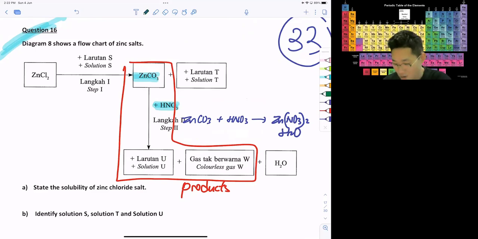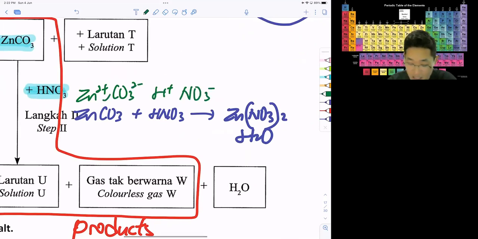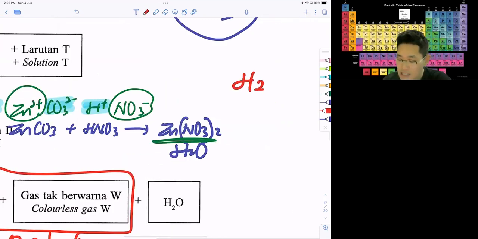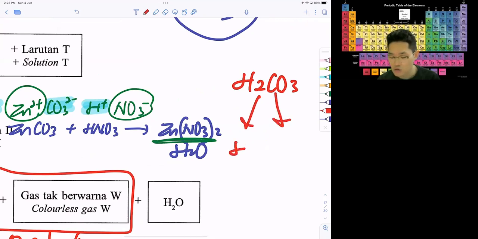Okay, Noah, see, every time when we are doing the equation, zinc and nitrate, we get zinc nitrate, correct or not? For the H plus and CO32 minus, don't write H2CO3. You wouldn't have the chance to write this formula out actually. Every time when you got this, you should split this thing into two, H2O and CO2.